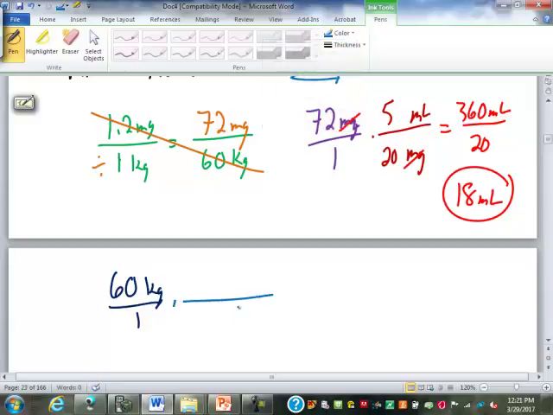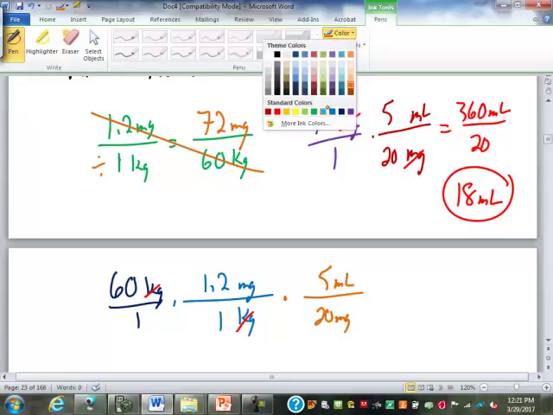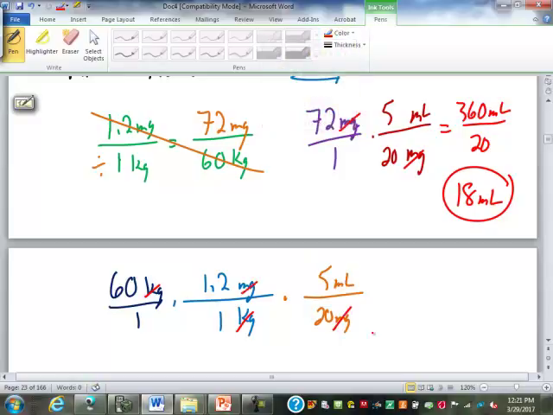You could do 1 kilogram is equivalent to 1.2 milligrams, getting rid of the kilograms, and then adding the next step of 20 milligrams in 5 milliliters, so the milligrams cancel out, coming up with that exact same answer, 360 over 20, which is 18 milliliters to administer to the patient. So whatever method at this point you would use to get to that, I'm okay with that, just as long as you are sure of it and you can get there every time.